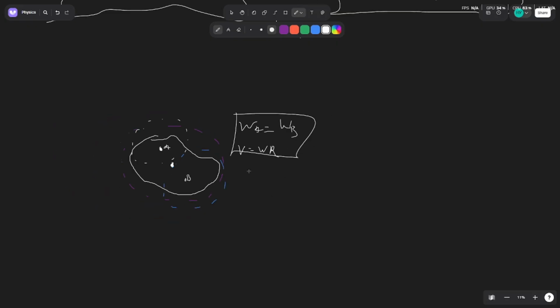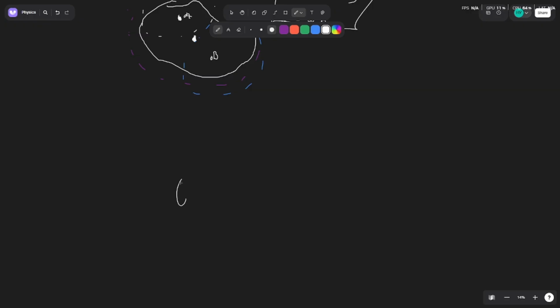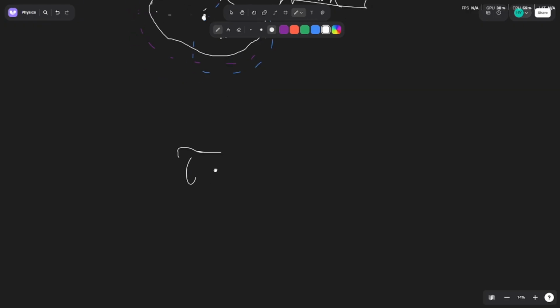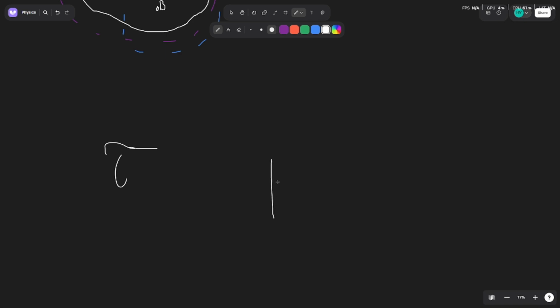And now let's talk about torque. Torque is a new term represented like this. Torque is basically an angular force. Let me represent it like this. We got a door, and this is its axis.